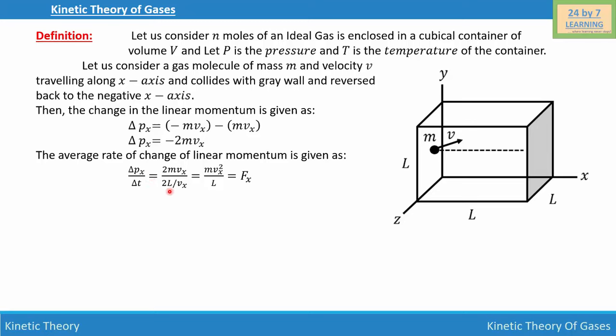The total length traveled is 2L, going and getting back, so L plus L is 2L, divided by vx, the velocity of the particle along the x-axis. If we simplify, vx goes to the numerator and we have mvx square over L, because the 2 is also cancelled out. Let this be equal to the force acting along the x-axis.